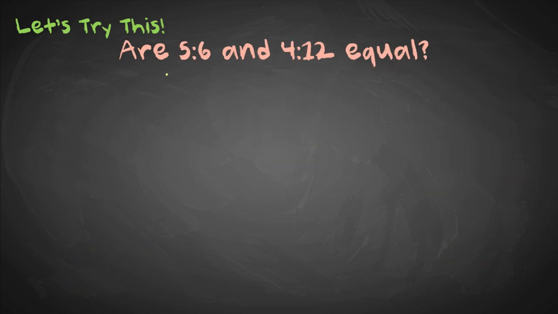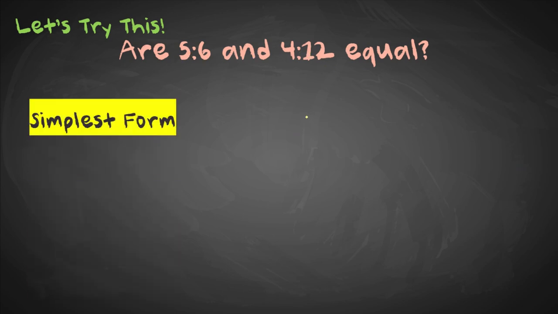So, let's have one last example. Are 5 is to 6 and 4 is to 12 equal? So, again, we have 3 ways. The first one is by reducing both into simplest form. So 5 is to 6 is already in its simplest form kasi wala siyang common factor bukod sa 1.